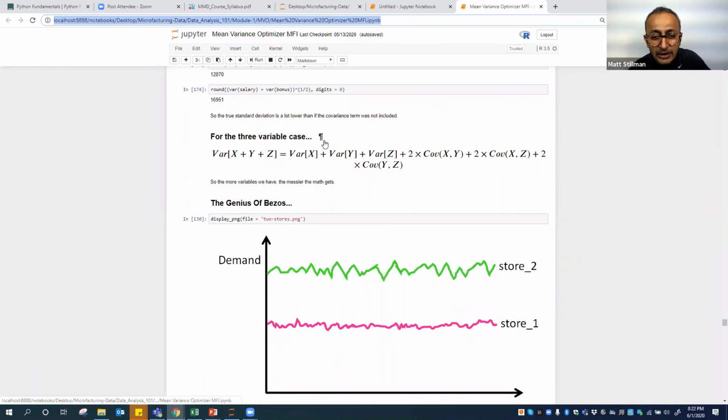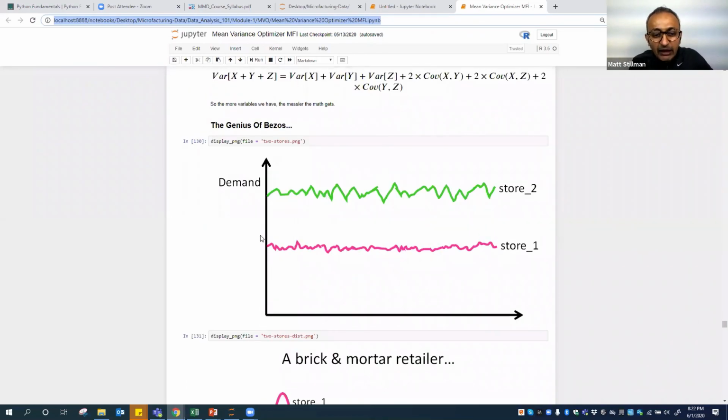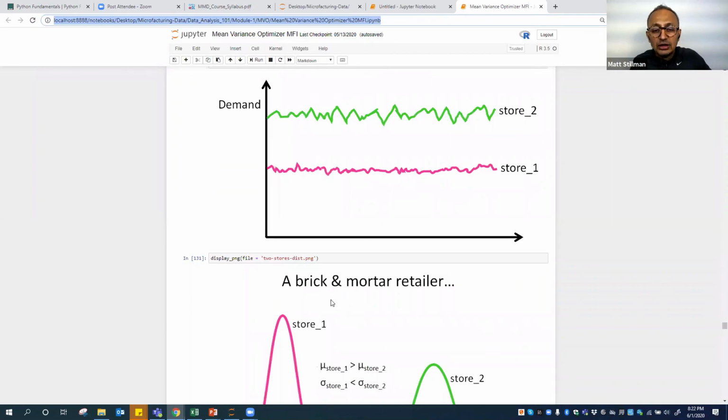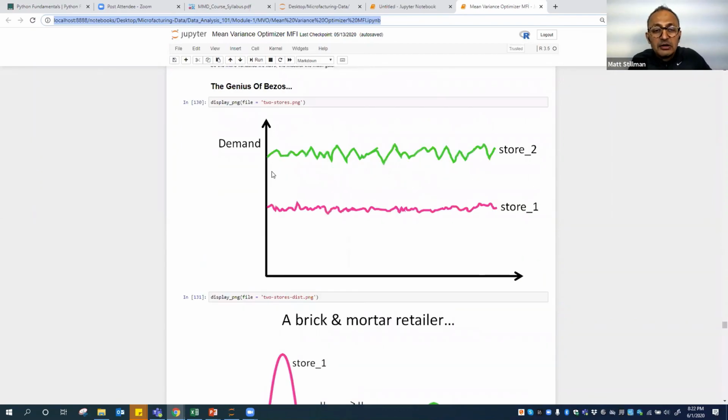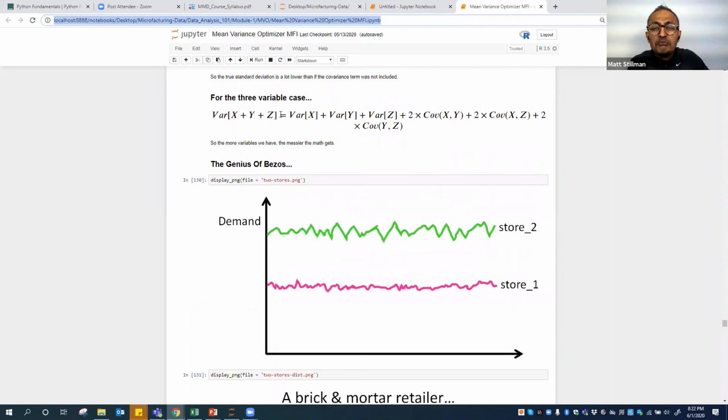All this science, all this math, is elementary math. But you will see that it has so much power that Amazon and a lot of these online retailers are eating brick and mortar retailers' lunch just because of this simple statistical concept: the fact that variances add.